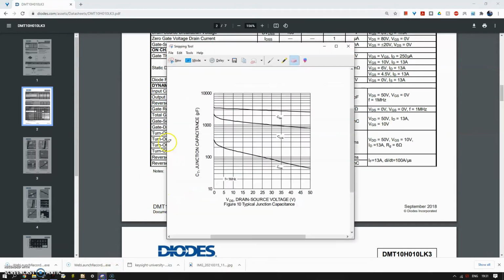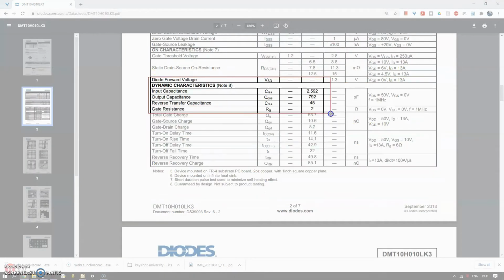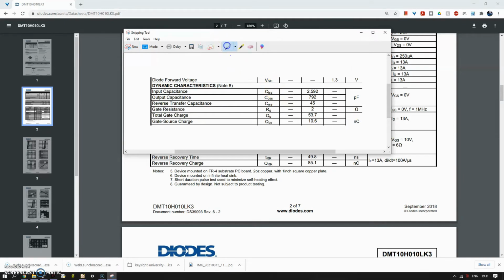Now, what we should know is that CISS is equal to the gate source capacitance plus the gate drain capacitance, and CRSS is simply just the gate drain. So once we know the gate drain, we can subtract it from CISS, and that will give us the gate source.